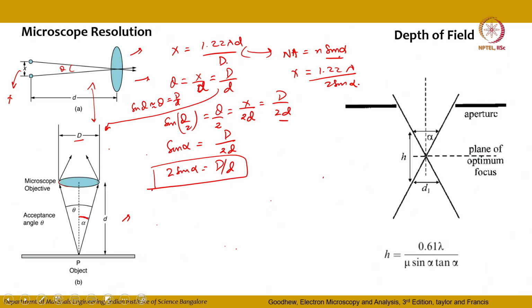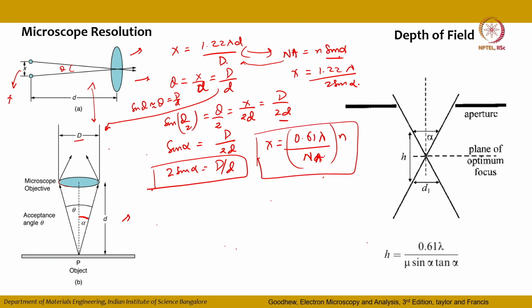And if we substitute the NA into this formula, then we get x equal to 0.61 lambda divided by NA, where n is the refractive index. Here NA is the numerical aperture and x is the resolving power of the microscope.